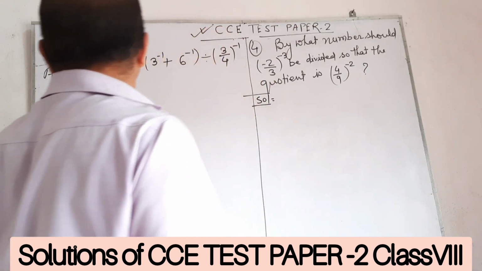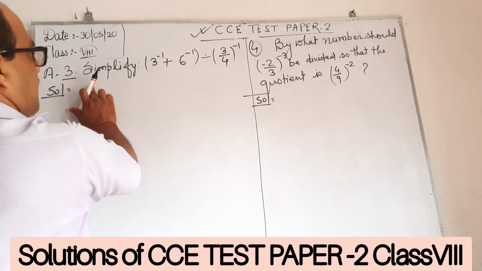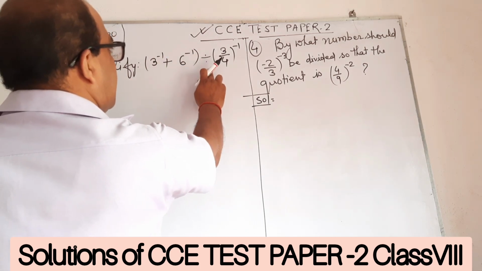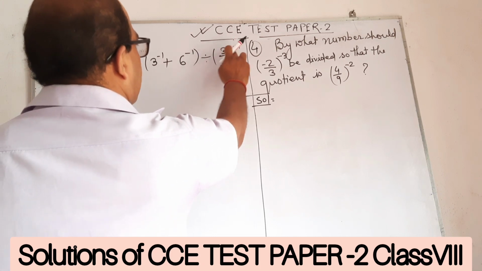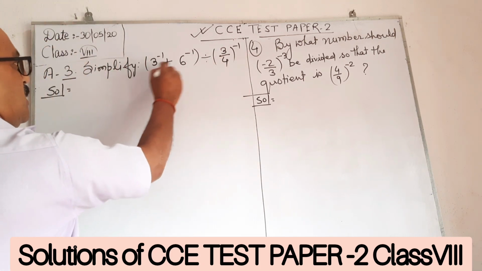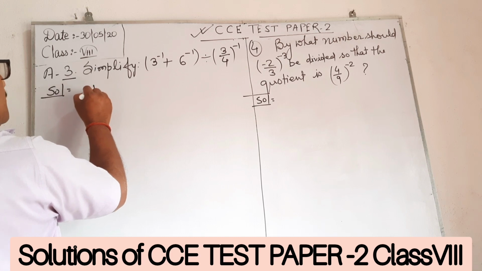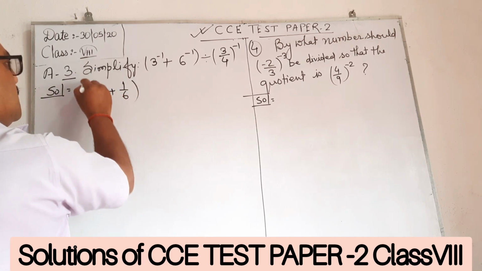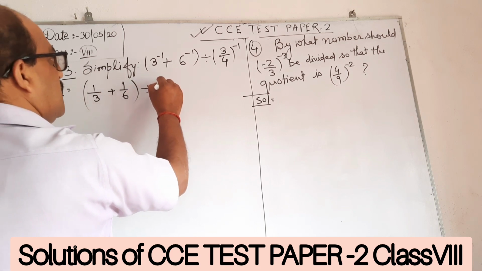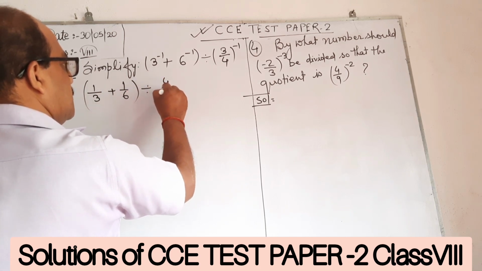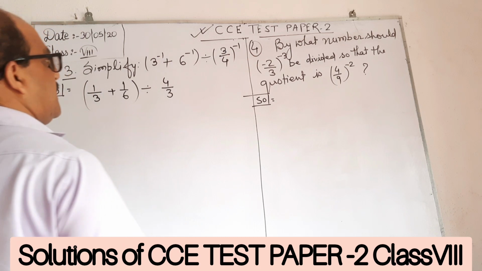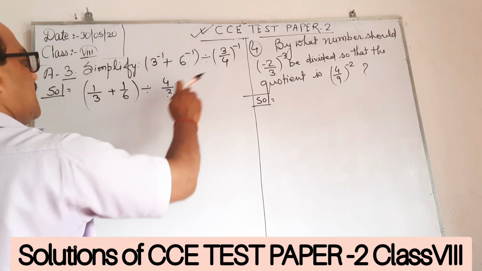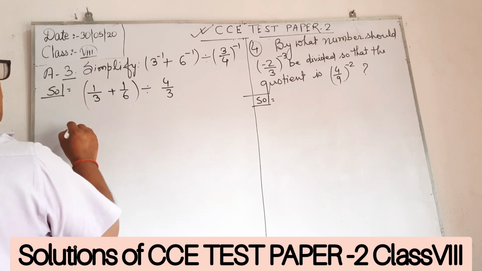See, in question number 3, simplify 3 to the power minus 1 plus 6 to the power minus 1 divided by 3 by 4 to the power minus 1. Write down here, 1 by 3 plus 1 by 6 divided by 4 by 3, because here the negative exponent is minus 1, so each rational number will be written as its reciprocal.